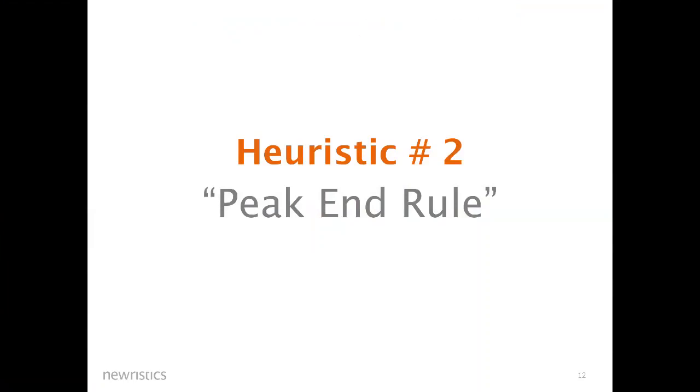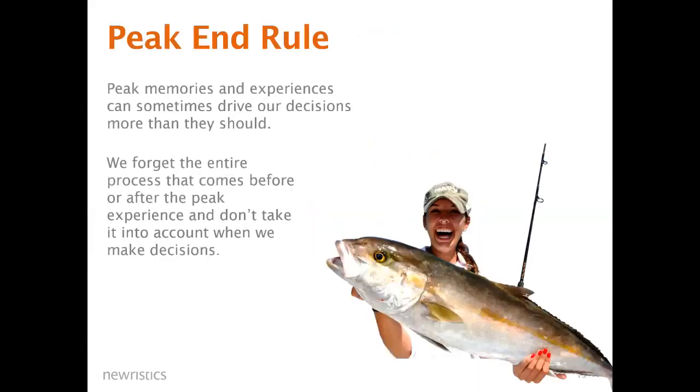The second heuristic we wanted to bring to your attention today is called peak-end rule. And let's look at the definition of what peak-end rule is. Peak-end rule means that memories and experiences associated with something at its peak can drive decisions more than they should.